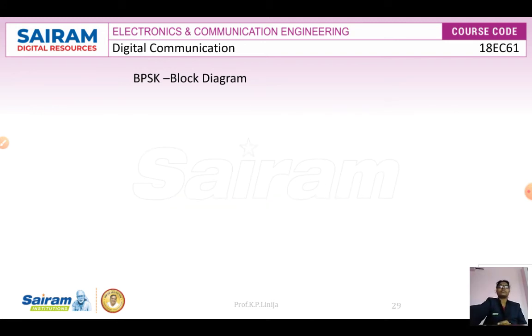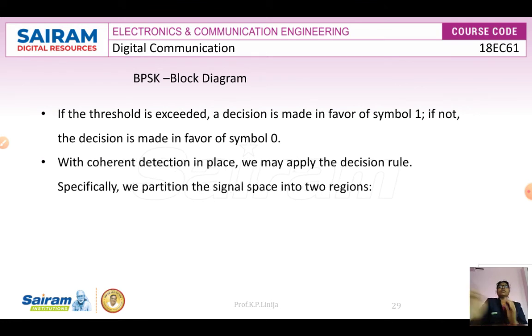Now the decision device follows these conditions. If the threshold is exceeded, the decision is made in favor of symbol 1. But if the threshold is not exceeded, the decision is made in favor of symbol 0.